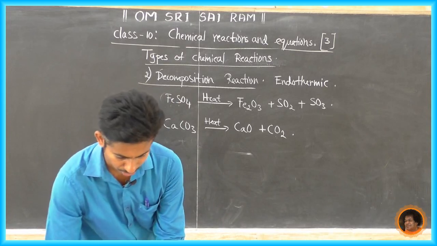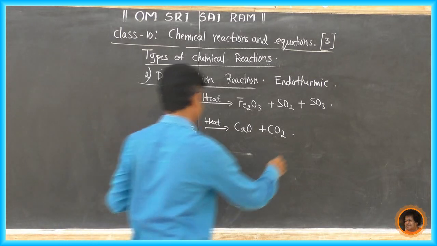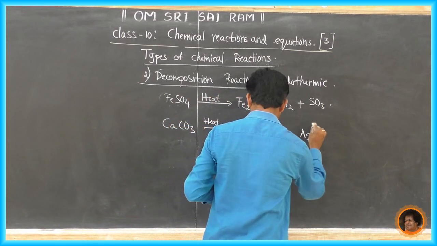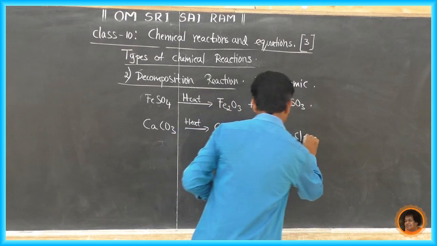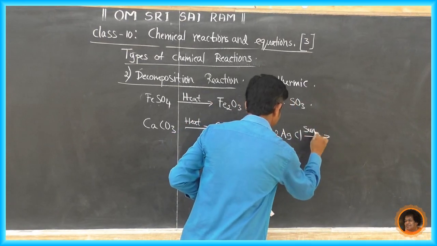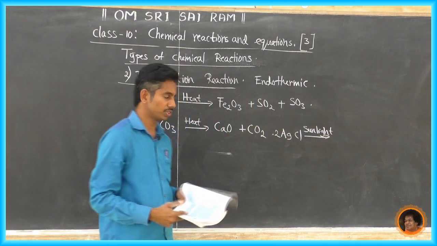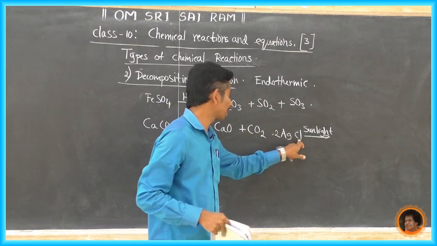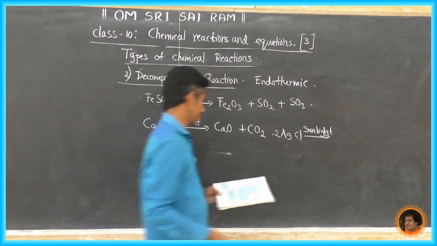Another example of a decomposition reaction, just look at this: AgCl, silver chloride. What is the color of silver chloride? It is white.